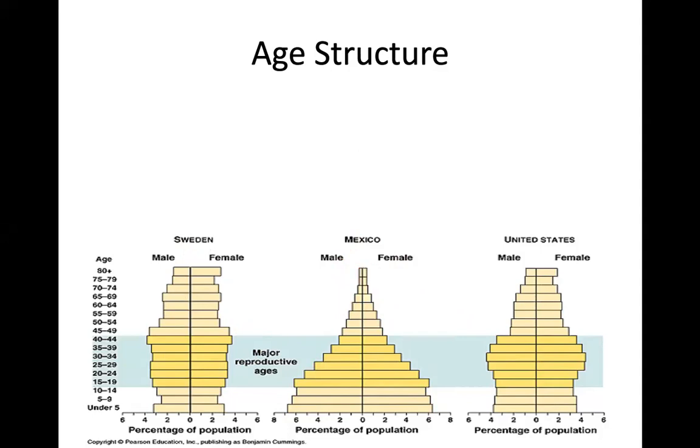So we can infer from that that life expectancy is lower. In the United States, it's, like I said, somewhere in between Mexico and Sweden, but you do see that there is quite a larger population within the reproductive age range. And then also looking at the females versus male.